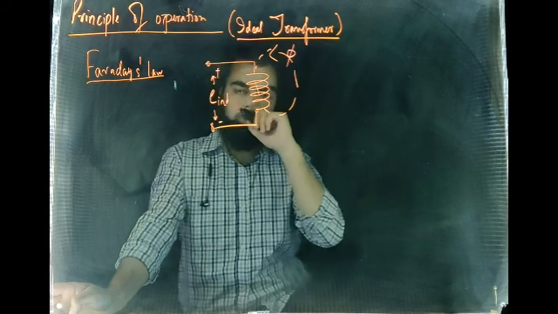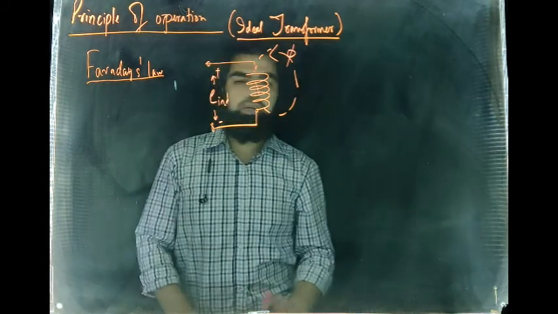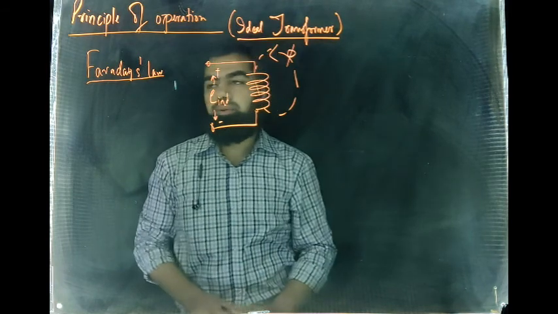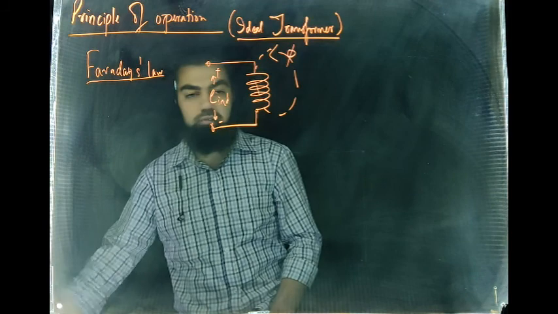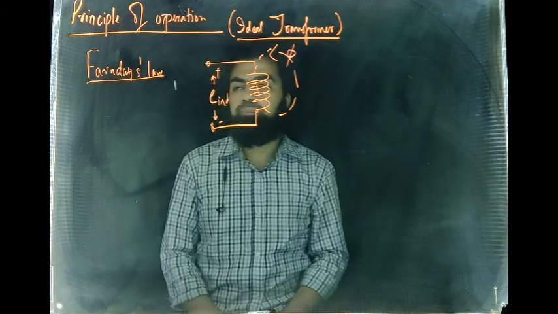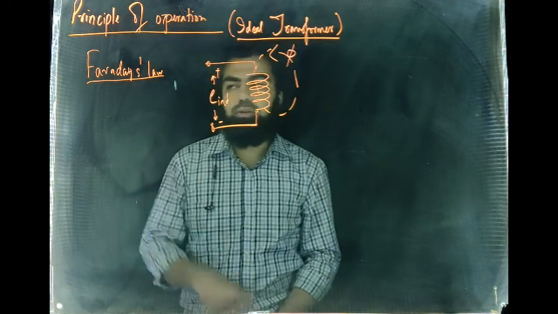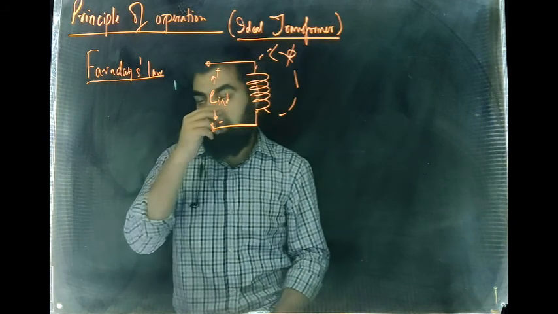The polarity of the induced voltage can be determined using the dot convention, depending on whether the time varying flux is passing through a clockwise winding or an anti-clockwise winding.